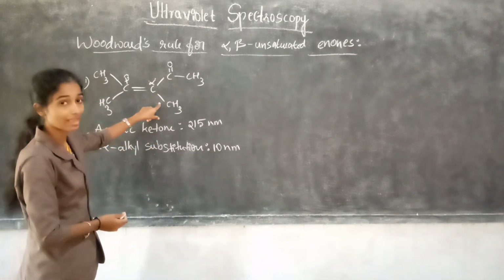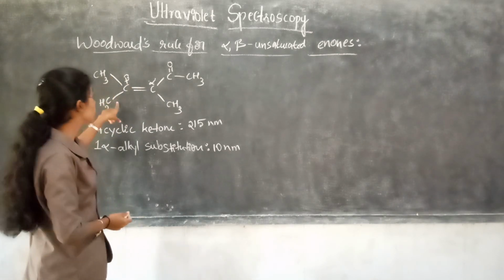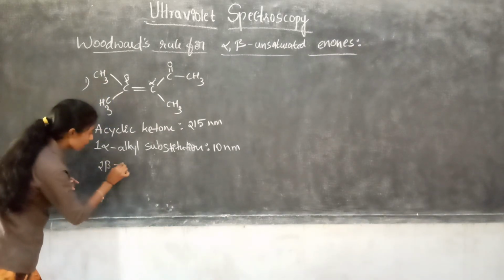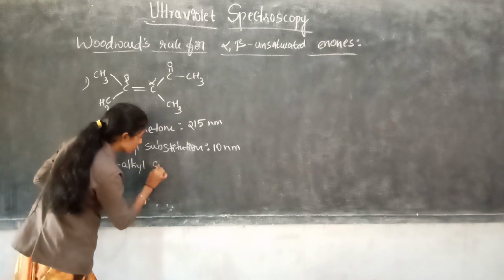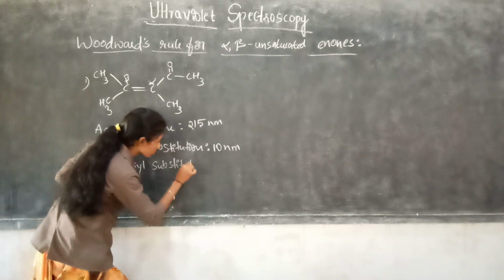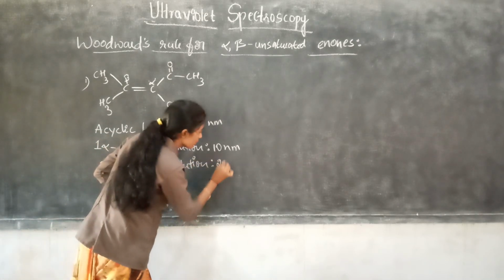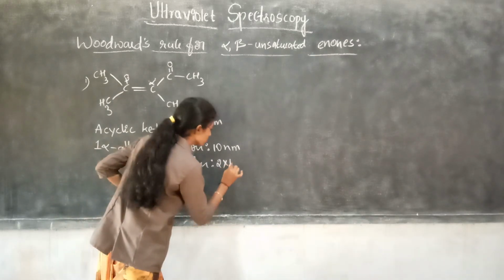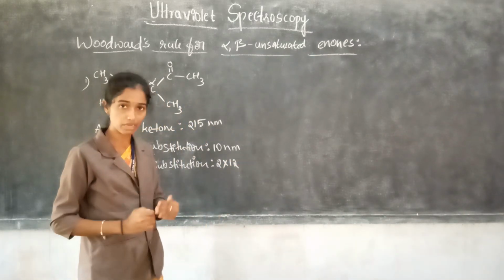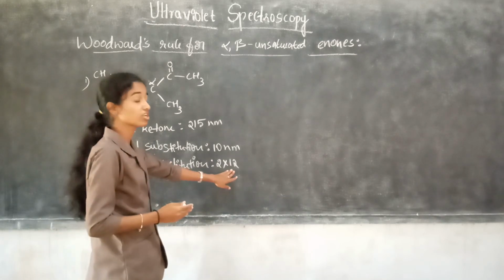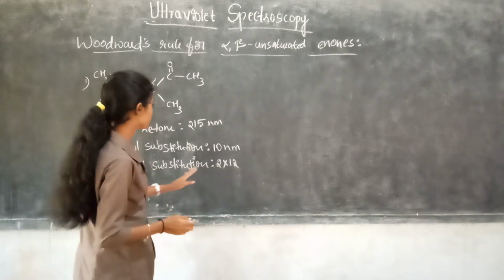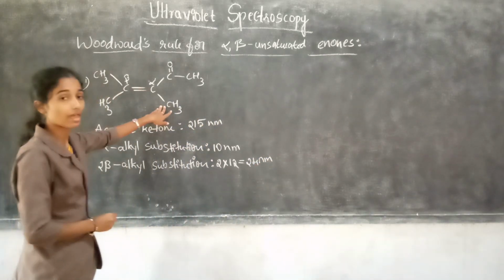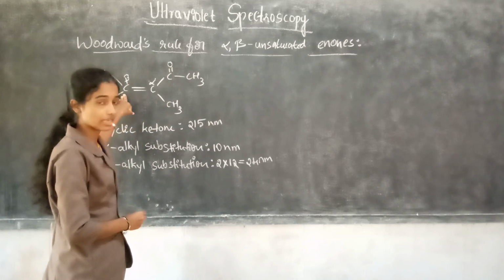At alpha we have one alkyl substitution, whereas at beta position we have two alkyl substitutions. For each beta alkyl substitution there will be an addition of 12 nanometer, so in total for two substitutions it is 24 nanometer.